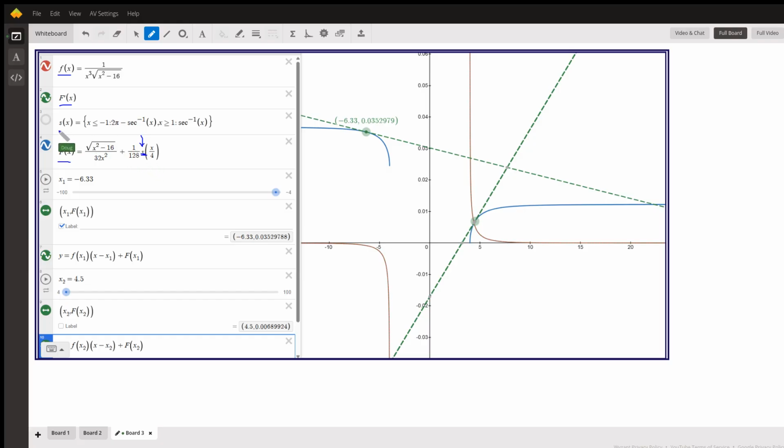So that's why I created this piecewise function. If x is less than or equal to -1, then we're going to place the angle in the third quadrant instead of the second quadrant. If x is greater than or equal to 1, I can still place the angle in the first quadrant. And of course, for numbers between -1 and 1, inverse secant doesn't exist.